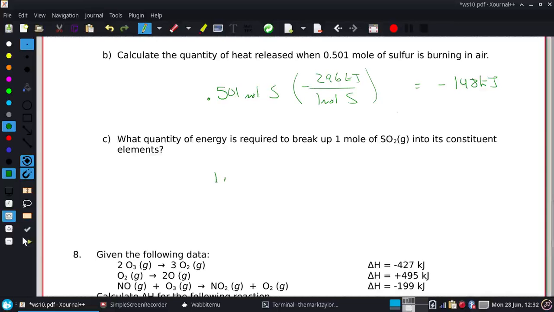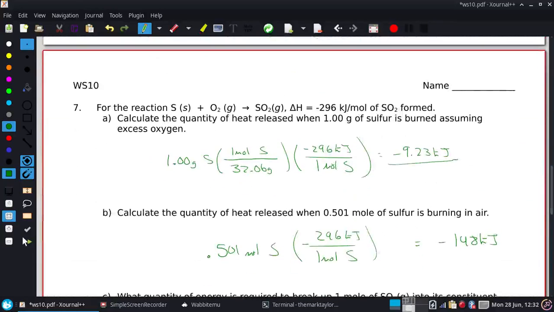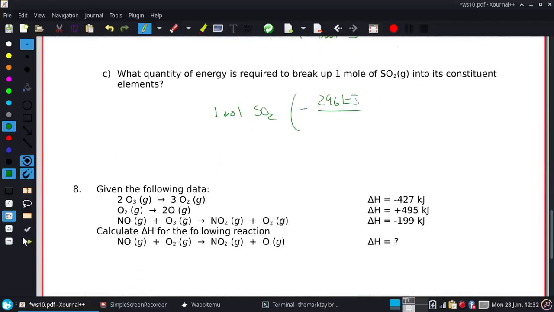So for 1 mole of SO2, we'd still have that same value up top, 296 kilojoules, but you'll want to look at your equation. The moles we can put in there, but we have to have the coefficient there. So this is still just 1, but now we can say it's in terms of SO2.